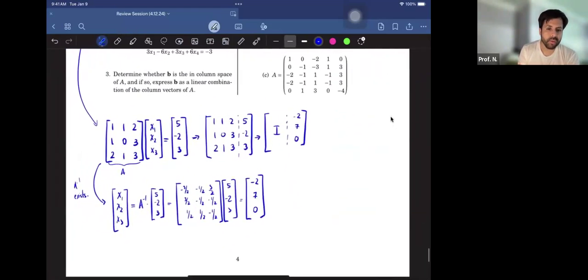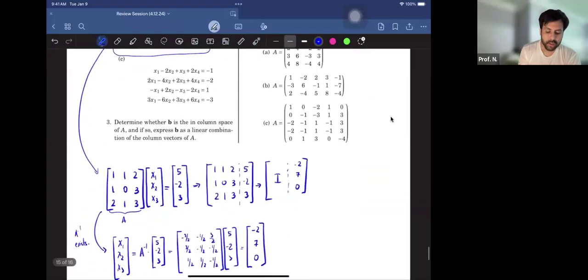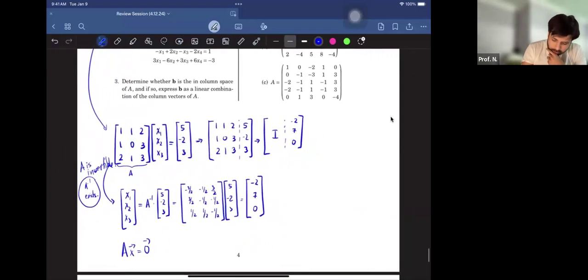What would be the homogeneous solution to this particular problem? Well, because A is invertible, there's a whole slew of things that are true. If A is invertible, A inverse exists. If A inverse exists, what else is true?